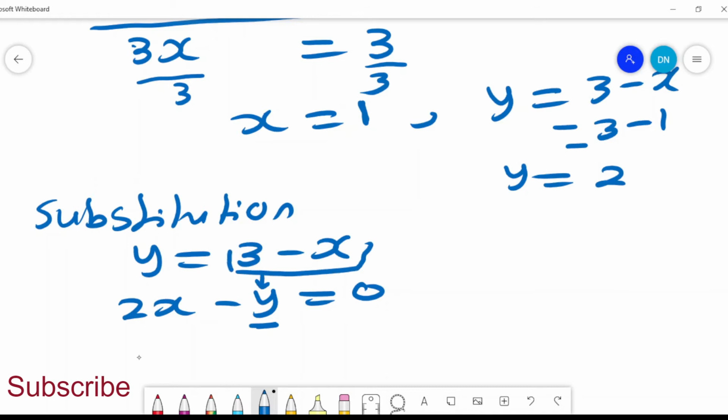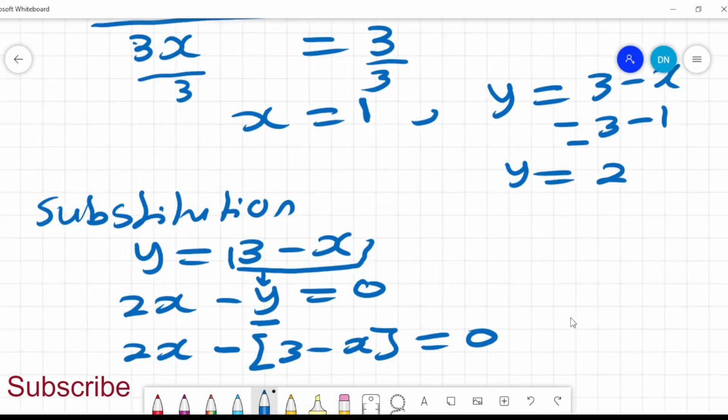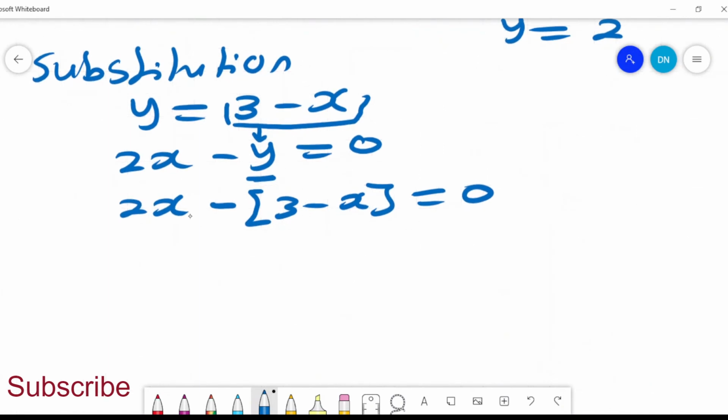So it will be 2x minus (3 minus x) is equal to 0. I took the first equation and made y the subject of the formula, y is equal to 3 minus x, and in the second equation, where there is y, I substitute 3 minus x. That will give me 2x minus 3 plus x is equal to 0.